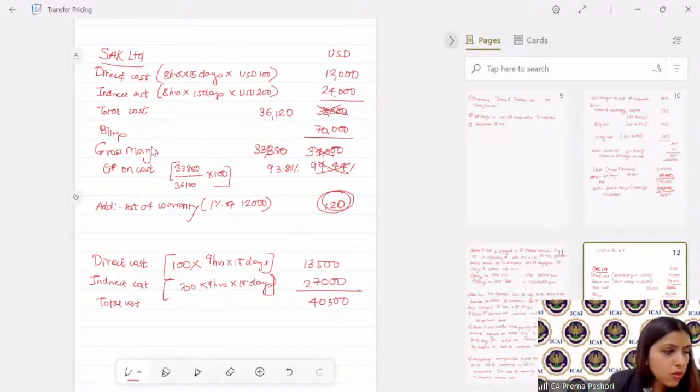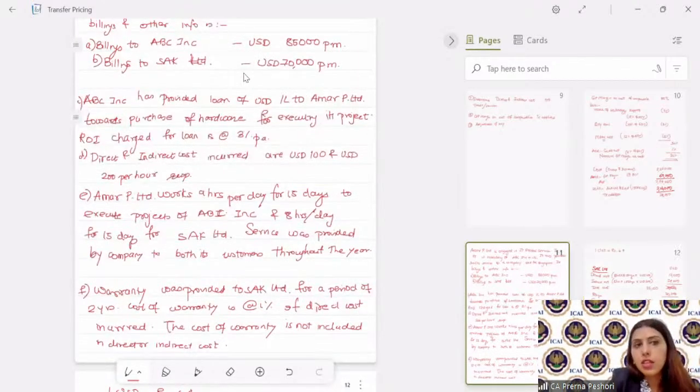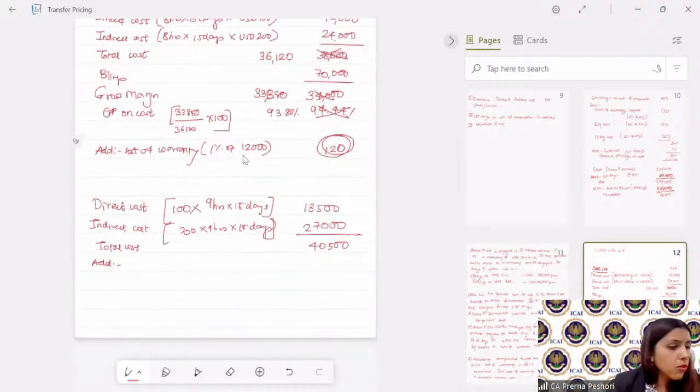Now on this cost, I will also add this thing. ABC has provided a loan and the rate of interest is 3% per annum. So I need to add the interest on loan to the cost. It is assumed that this is at ALP because no other information is given.